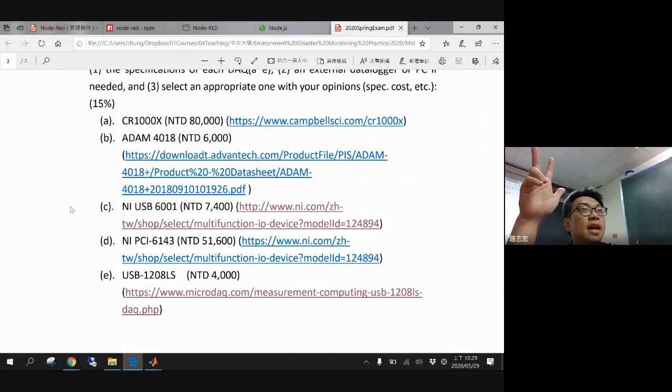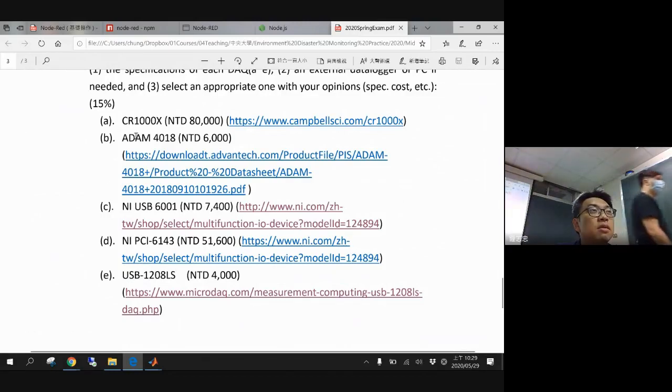Last time we said we need to be concerned about the Nyquist frequency. So the lowest frequency is 80 hertz. But in practice, we need 10 times the behavior, so maybe we need up to 400 hertz. I don't know, maybe Adam is not so good because I think it is only maybe 100 hertz of sampling frequency.